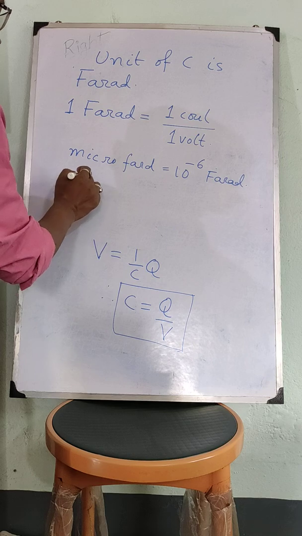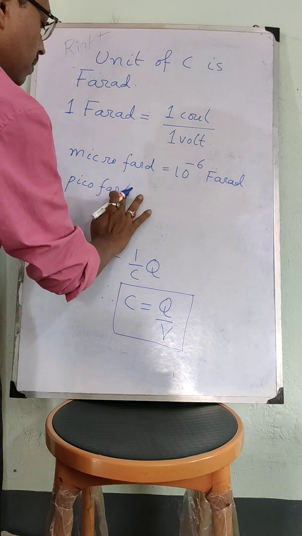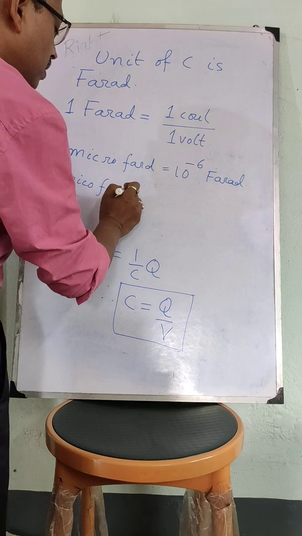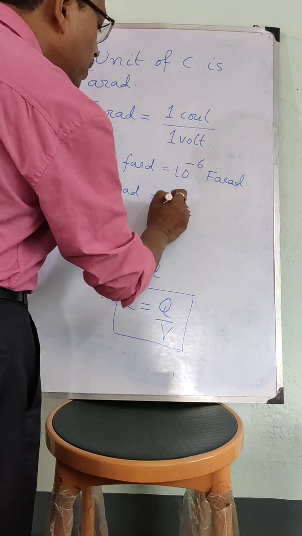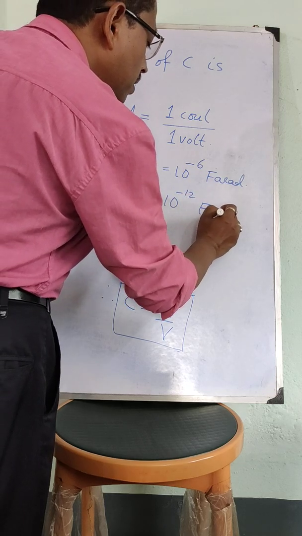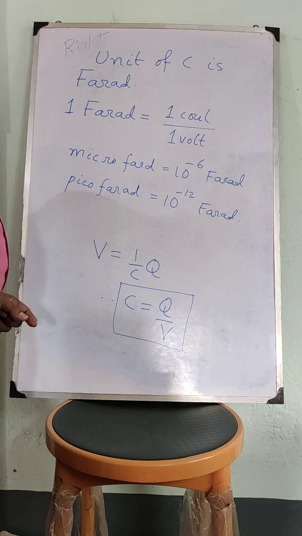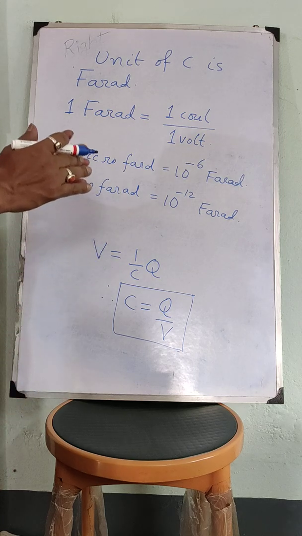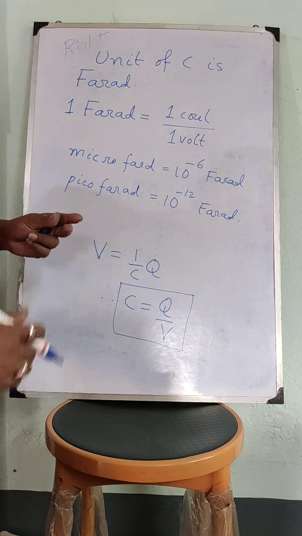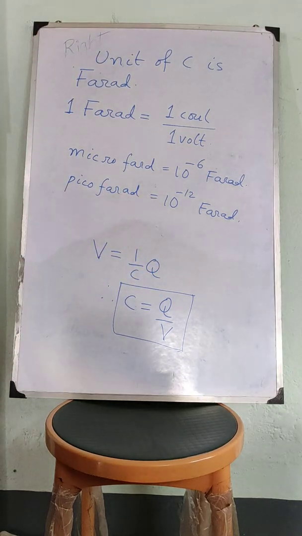Picofarad, you can also find picofarad, that is equal to 10 to the power minus 12 farad. Okay. So this is the concept of capacitance. Now we will see the capacitance of the two conductors depends purely on the geometrical factors of the two conductors. Okay. Now we will see it with examples.